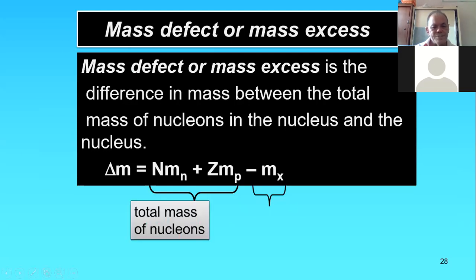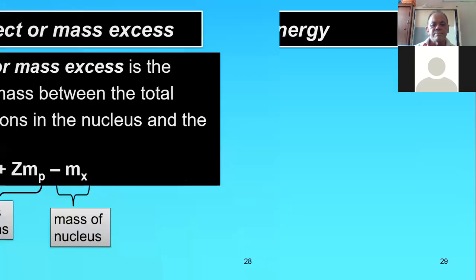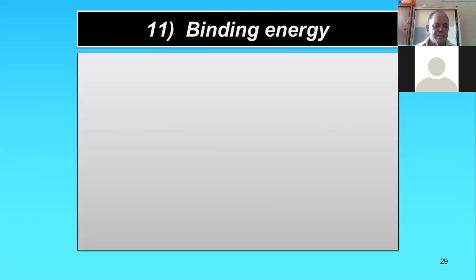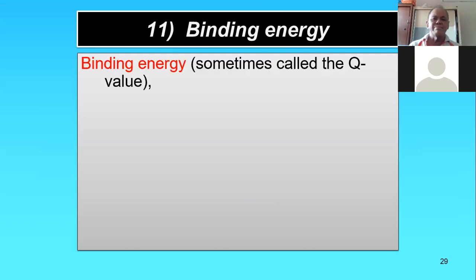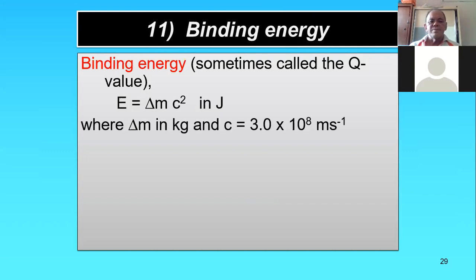Total mass of nucleons, minus mass of nucleus. There's a difference in mass. Then we can use that to calculate our binding energy. E equals mc squared, using Einstein's relationship, where m is in kilograms and c is the speed of light.